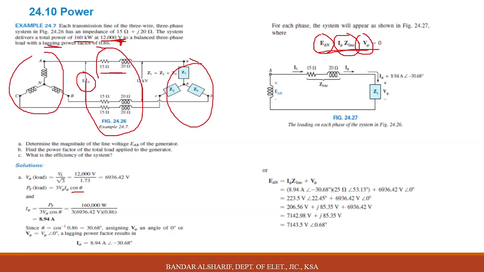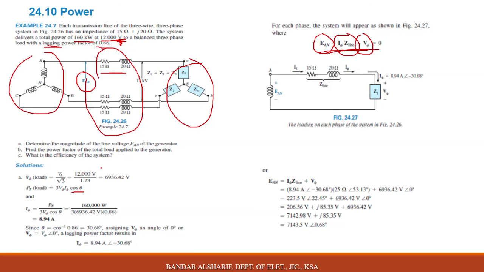It is very clear from the mention of lagging. This means each impedance has resistor and inductor, or resistor, inductor, capacitor, but the effect or value of the inductor is greater than the value of the capacitor.